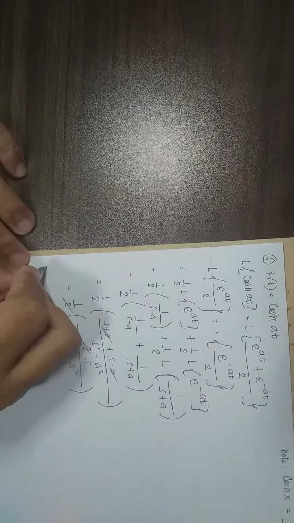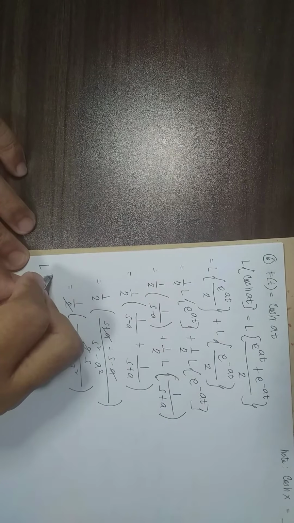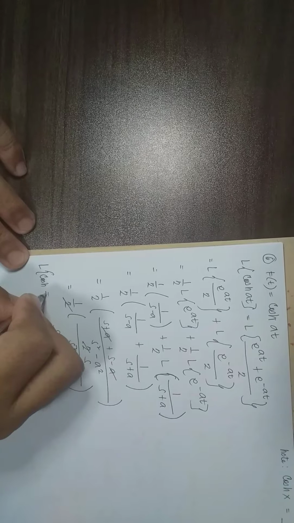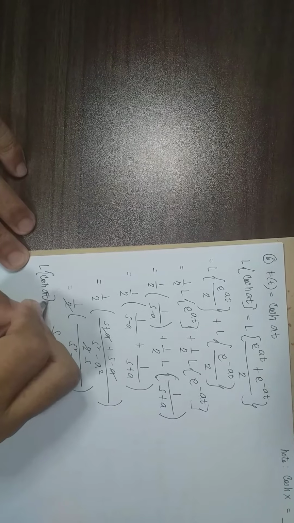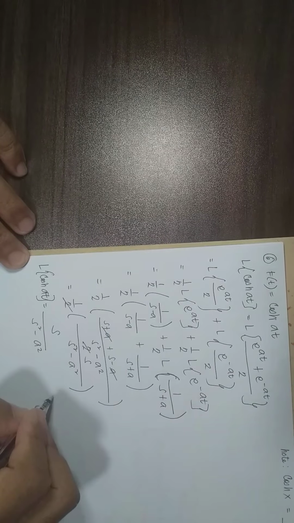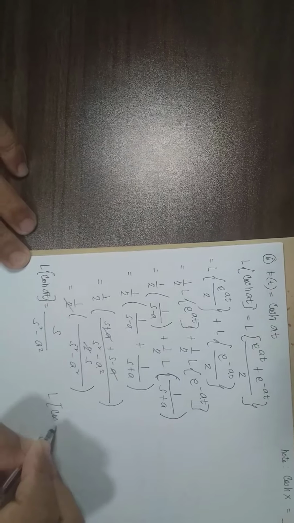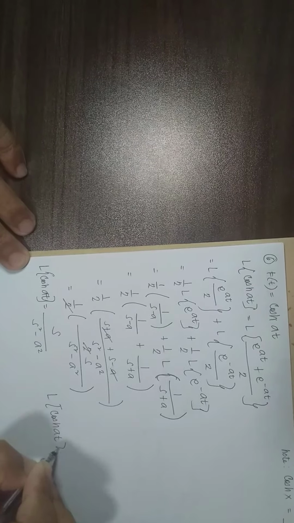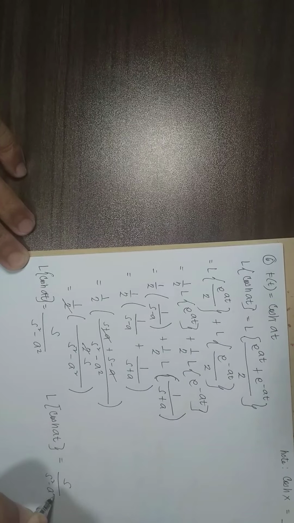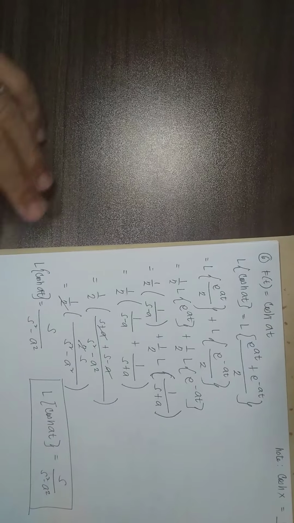And that is the Laplace transform of the hyperbolic cosine of at. Okay? I-write lang natin na malinaw. The Laplace transform of the hyperbolic cosine of at is equal to s over s squared minus a squared. So this is for example number 6.